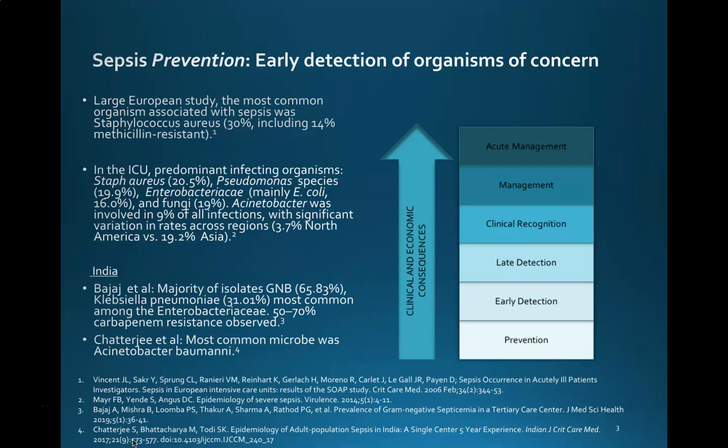So in a large European study, the investigators found that the most common organism associated with sepsis was Staph aureus, 30%, including 14% of which that was methicillin resistant.